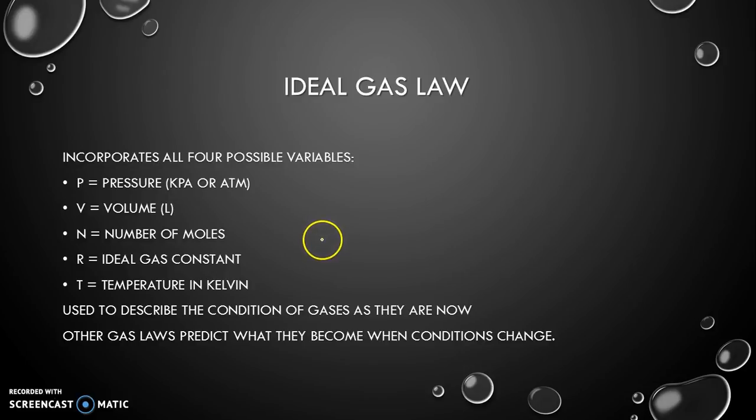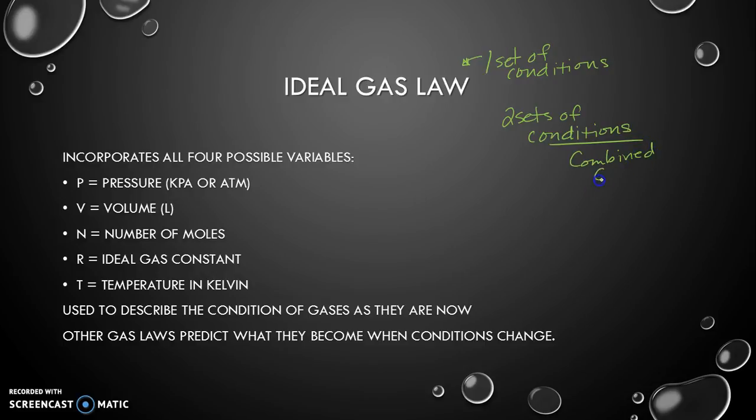So the ideal gas law is for one set of conditions. If you have two sets of conditions, then you would use your combined gas law. That was from the last podcast.